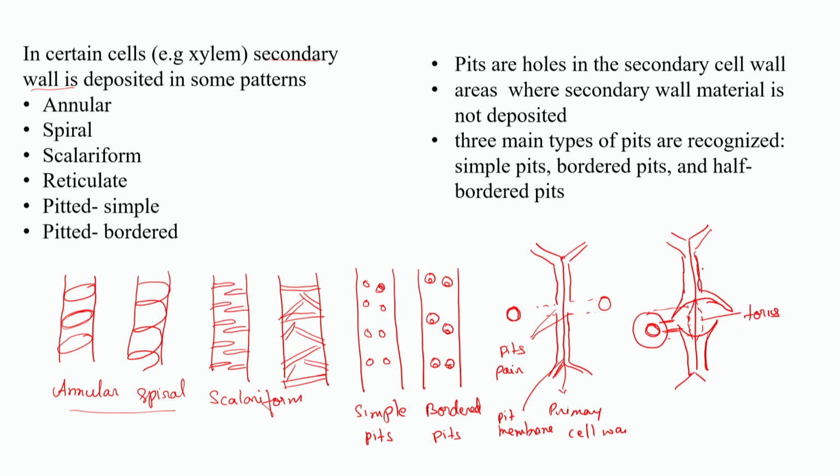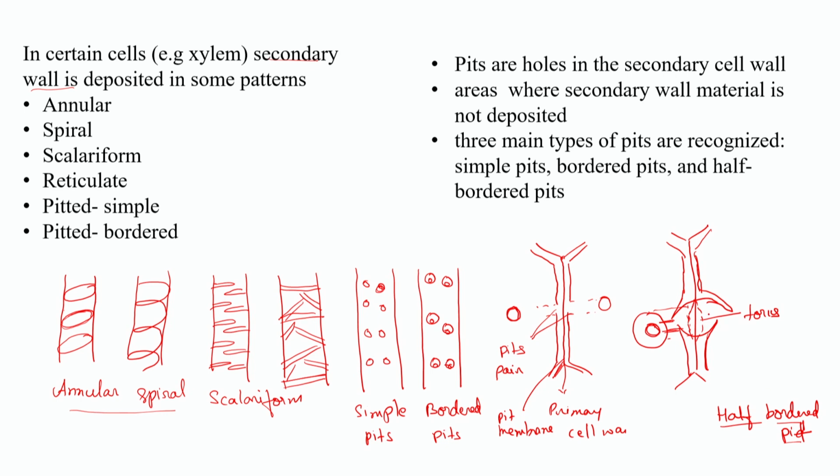Sometimes these pits are present only on one side, which is known as a half bordered pit. It can happen if a dead cell, such as a trachea, is aligned with a living parenchymatous cell, so the pit will be present on only one side.